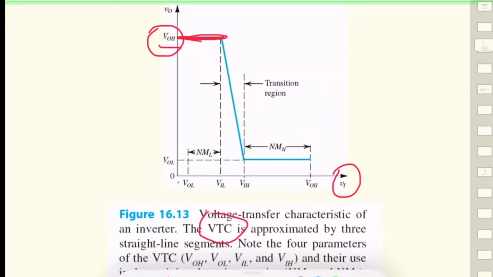So if I say that on the input level I have a broader range of voltage that I can have, and I can still get the output as high, what does that mean? It means that my output high does not depend on the exact value of my input voltage, as long as my input voltage does not exceed the value which I have labeled here as VIL.